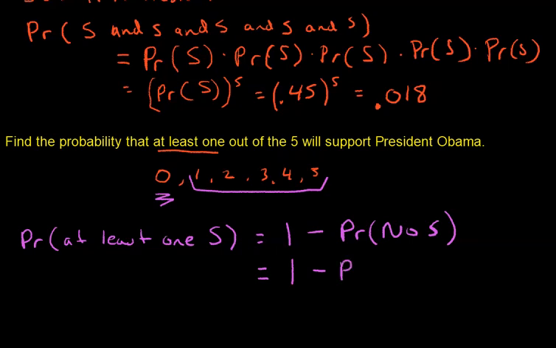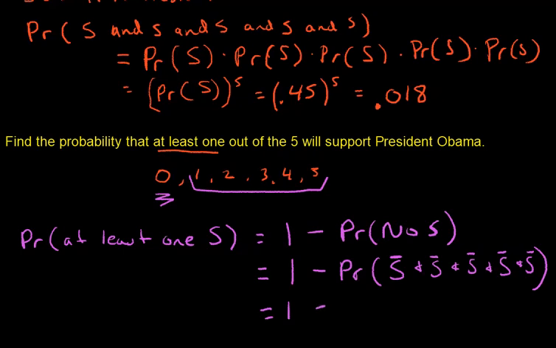Remember complement, you can use this bar to mean not support. If S means support, then the bar means not support. So one person does not support, and the second, and the third, and the fourth, and the 5th. All of the 5 people do not support the president.